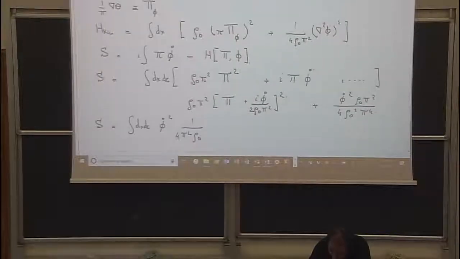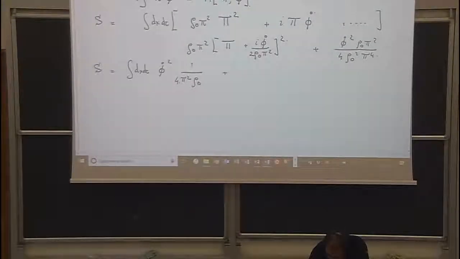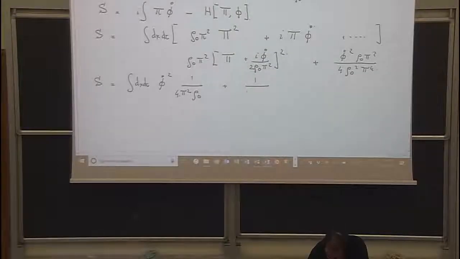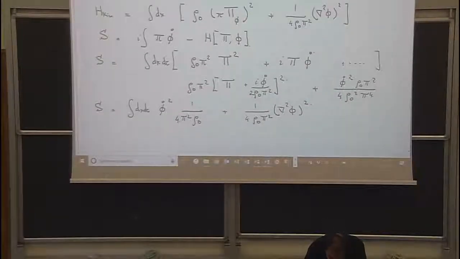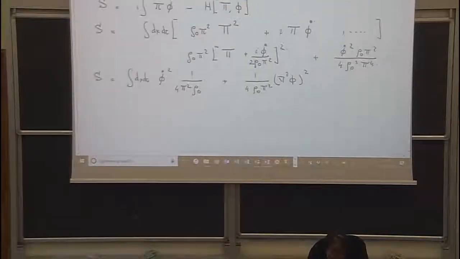And I shouldn't forget the second term, which is plus 1 over 4 rho 0 pi square, and I get grad square phi square. And there was a 1 over 2m that I forgot. There was a 1 over 2m here, so I should put my 2m here.